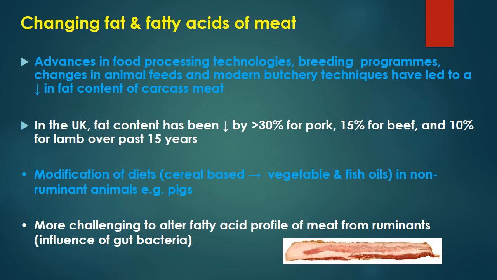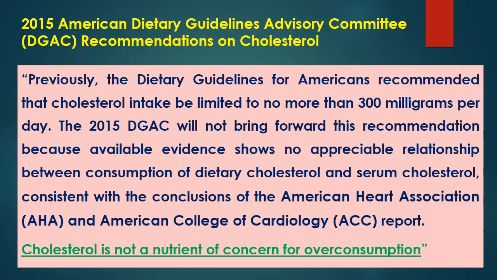Whereas in the case of ruminants, it is not very easy to change the fatty acid profile of meat because the rumen bacteria play a major role in fat synthesis. So it cannot be interfered with much only by feeding. Here we will discuss cholesterol and its connection with human health.